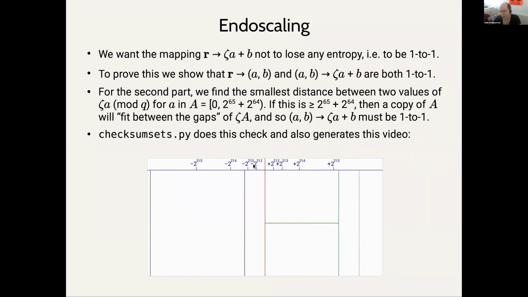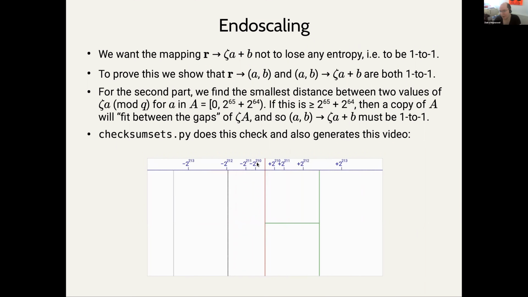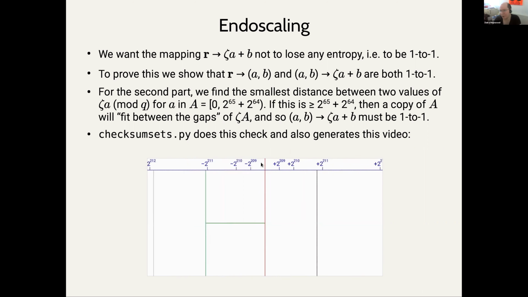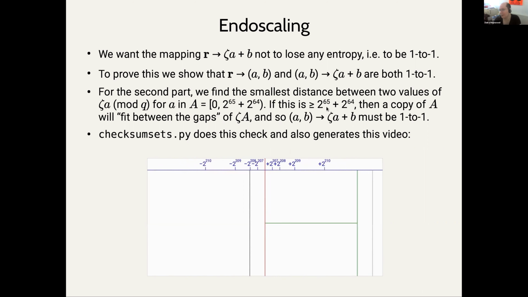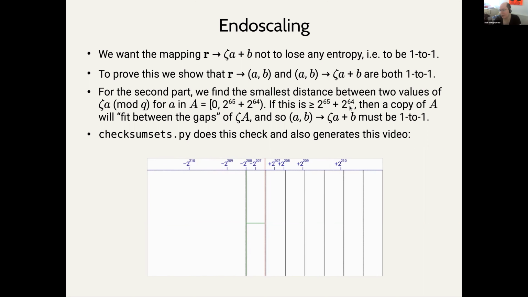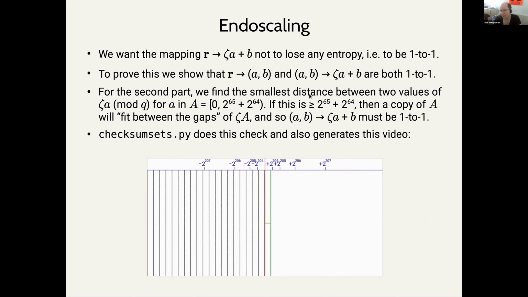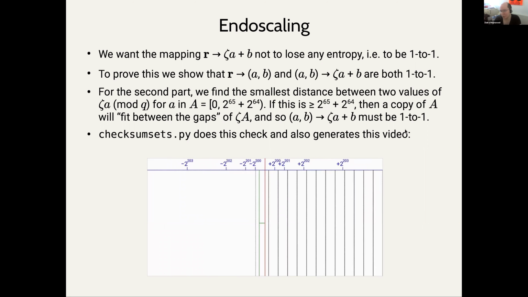So this is going to go down to about 2 to the 192 or so, which is much greater than 2 to the 65 plus 2 to the 64. So we know that this optimization works.